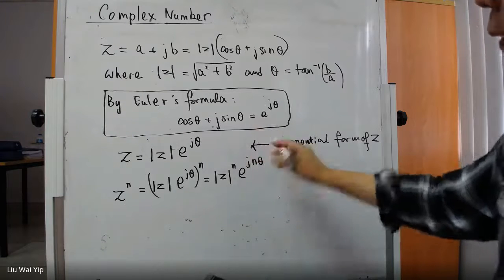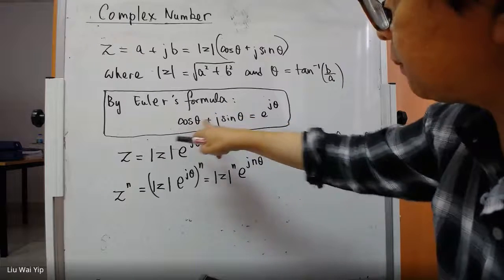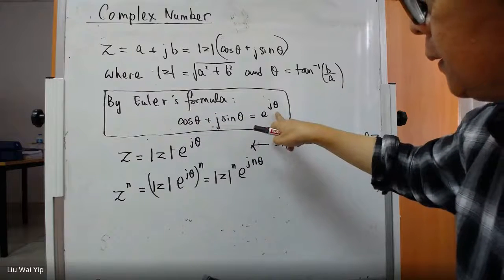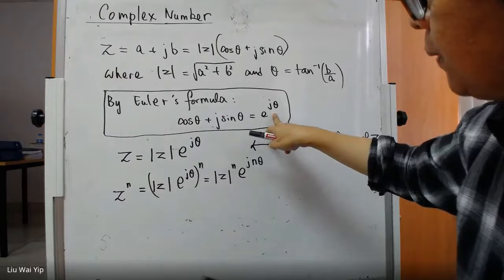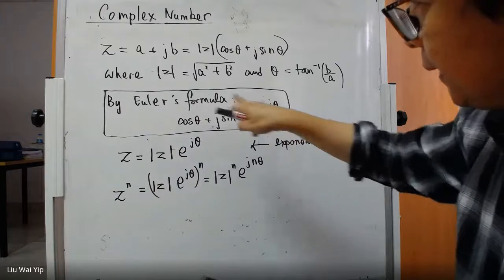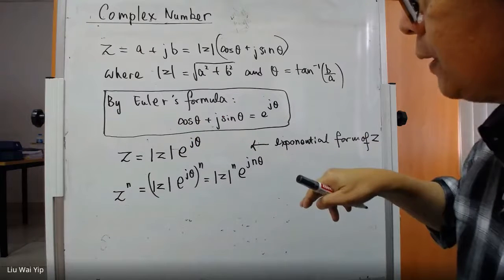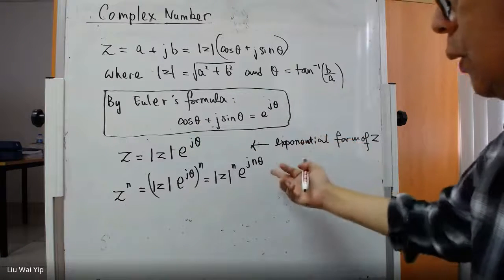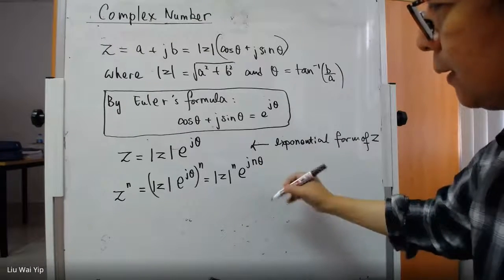We know that by our formula, we can express e to the power j theta as cos theta plus j sine theta. We can do that. So can we do the same in a reverse manner?